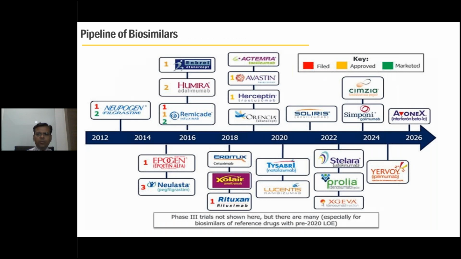So these are a few pipelines of biosimilars, and that includes Herceptin, that is trastuzumab, what we were talking of, right? These are various biologics which are getting expired over time, and the market would be flooded with their biosimilars in the near future.